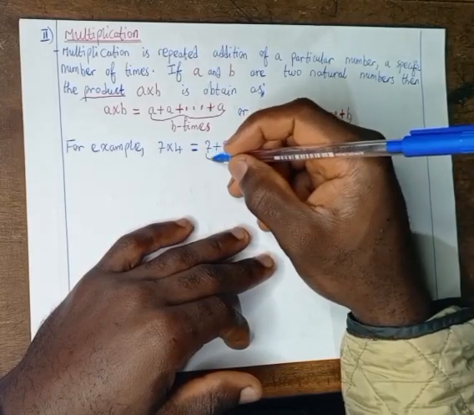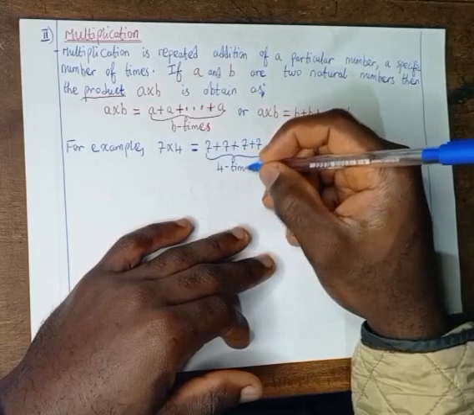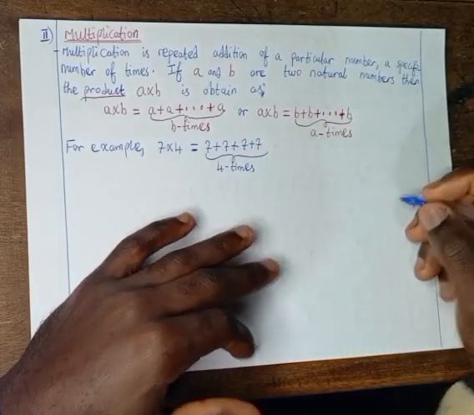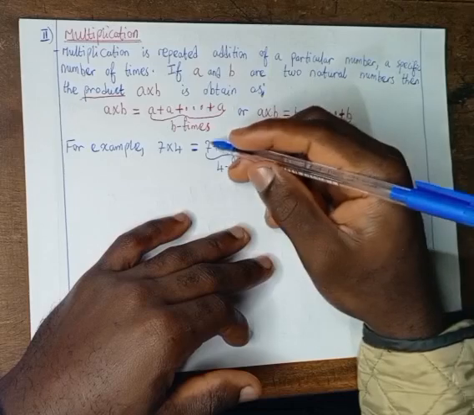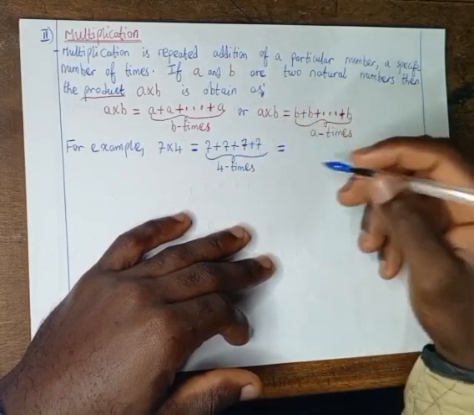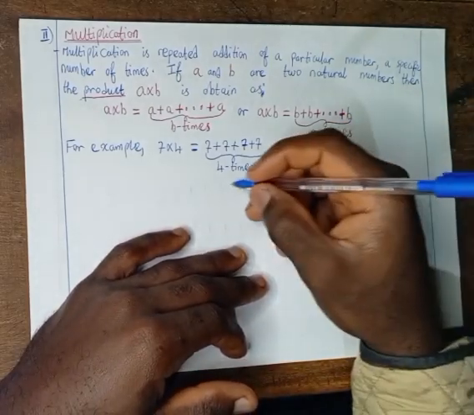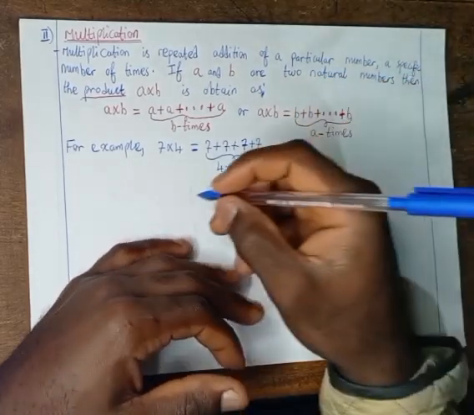In this case, the addition is carried out 4 times. This will simply give us 7 plus 7 gives us 14, plus 7, 21, plus 7 gives 28. Or, make use of this other one.